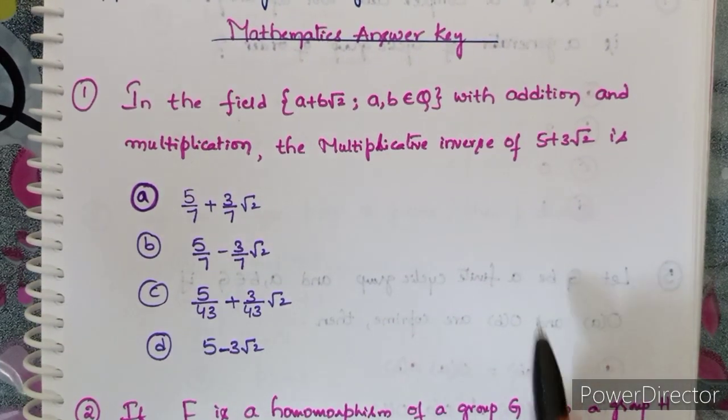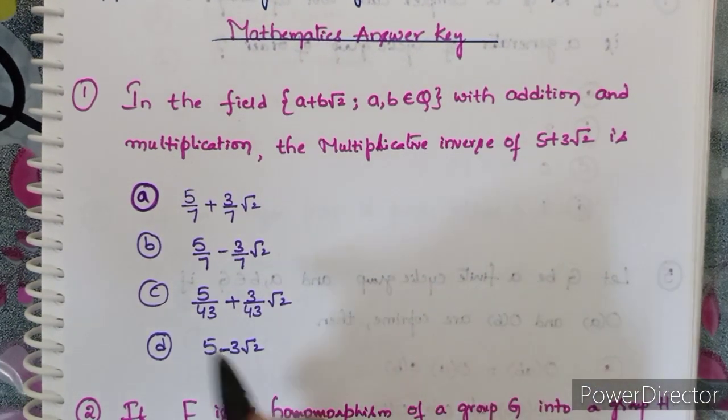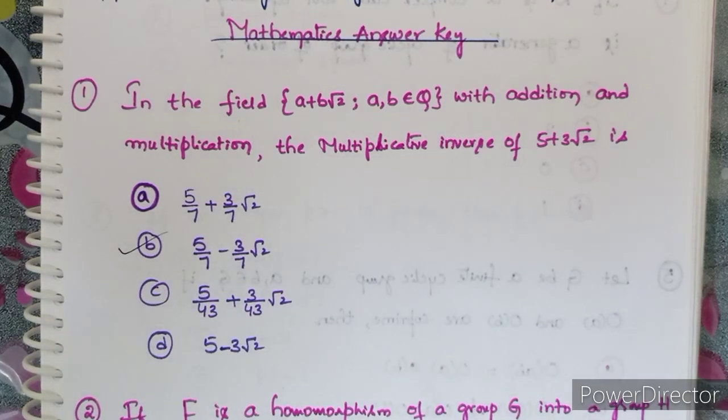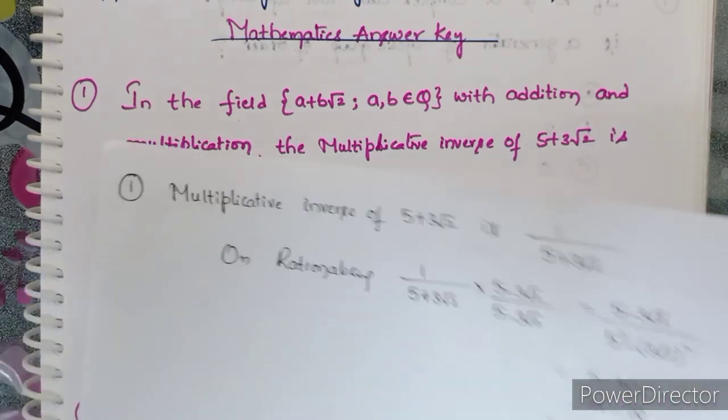Here the multiplicative inverse is option B. Now we see the proof.